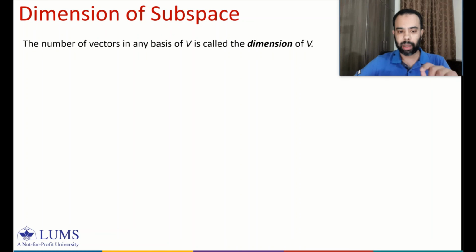So the number of vectors in any basis of V is called the dimension of V, and we express it as dim V, or dimension of V in brackets.